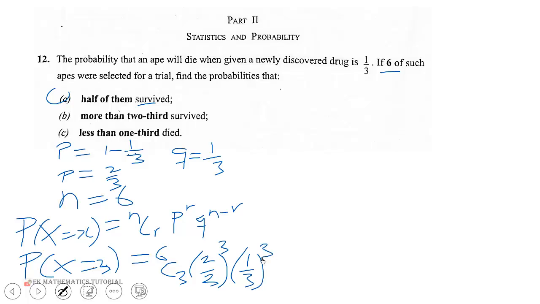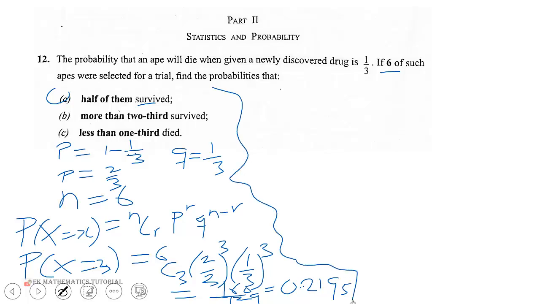Now when you simplify this, you should obtain something like 160 over 729, which is approximately 0.2195. So binomial probability. So that is the A aspect.